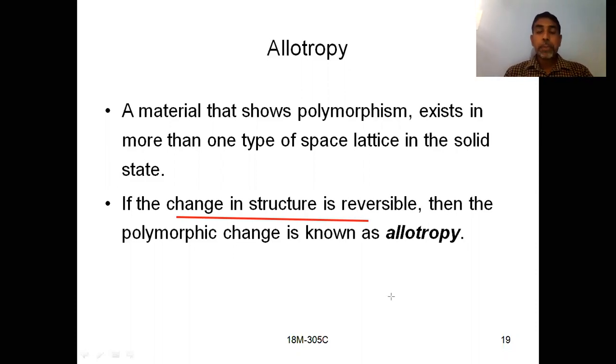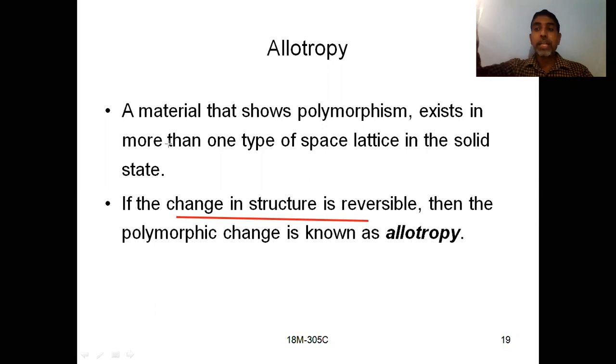I am repeating once again. A material having more than one crystal structure, that physical phenomenon is known as polymorphism.